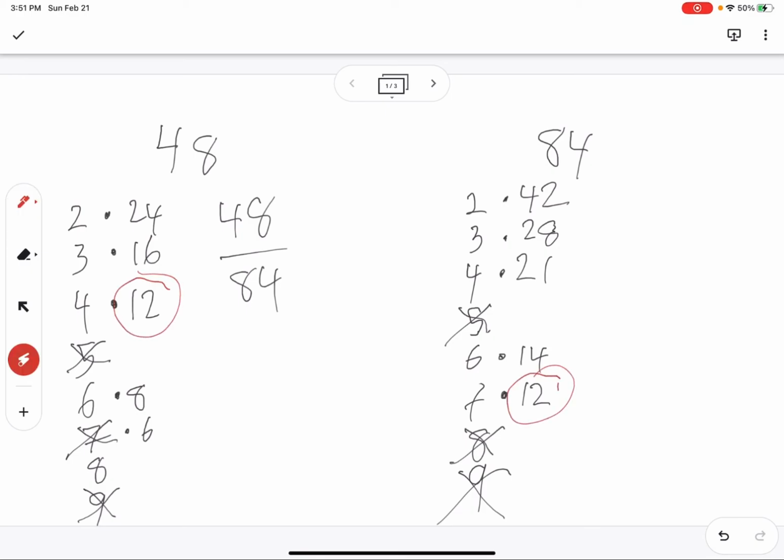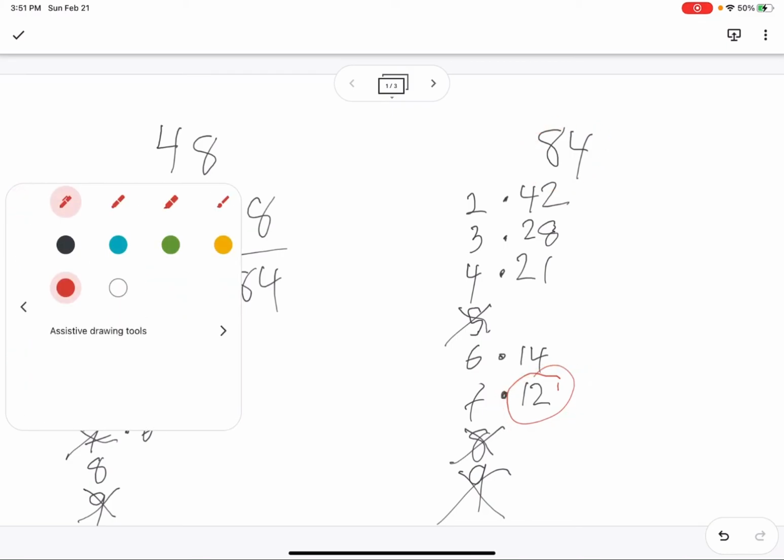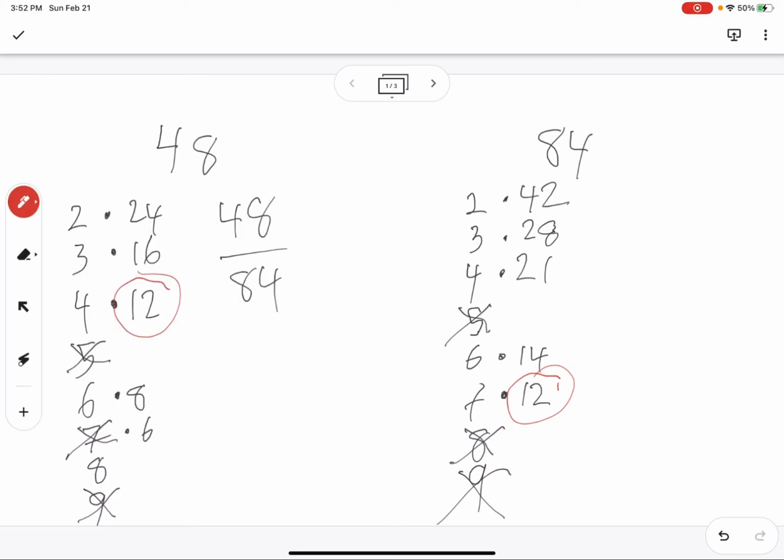Common meaning that it's over here and over here, meaning that 48 can be divided by 12, and 84 can also be divided by 12. So now we take 48 divided by 12 and 84 divided by 12. 48 divided by 12 equals 4, so I'm going to write 4 over.